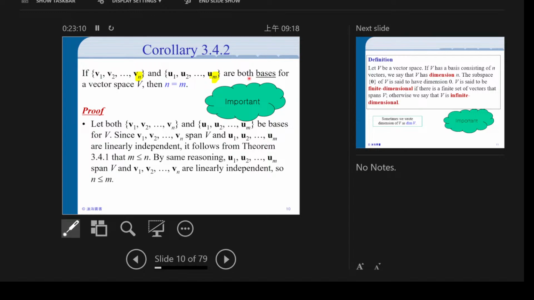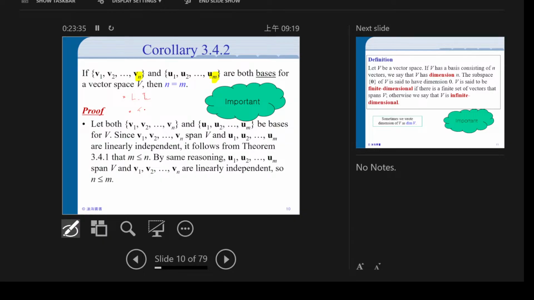This follows directly from our theorem before. If this U has more vectors, so if m is bigger than n, then we know this set of vectors is linearly dependent. But a basis needs to satisfy two conditions: they need to be linearly independent.